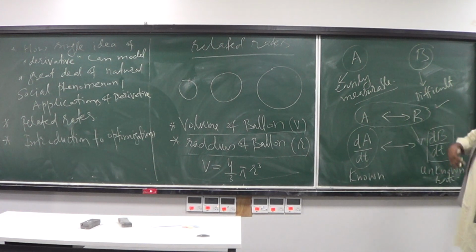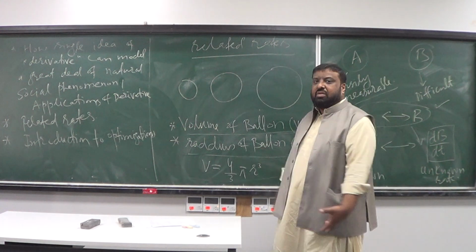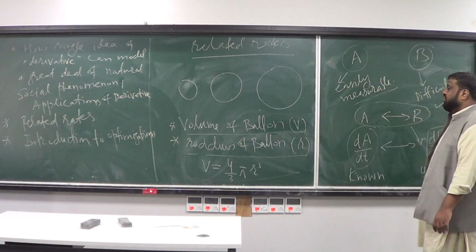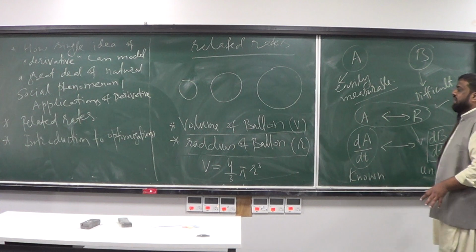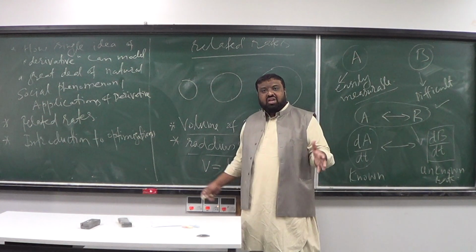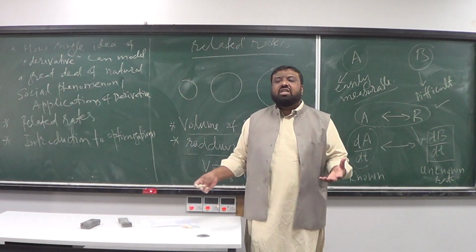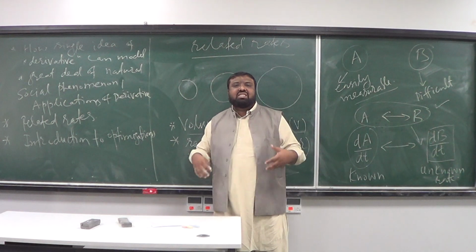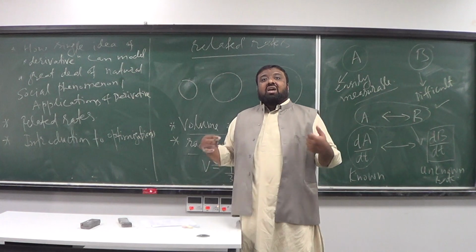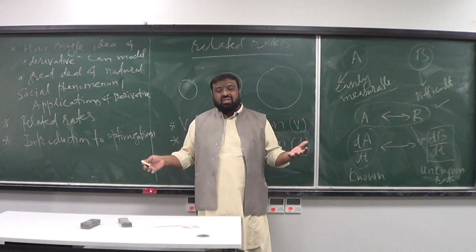So in order to solve problems related to related rates, you always have to look for what two quantities you are talking about, and out of these two quantities, which quantity you can measure experimentally or is known to you, and what is the relationship between those two quantities.